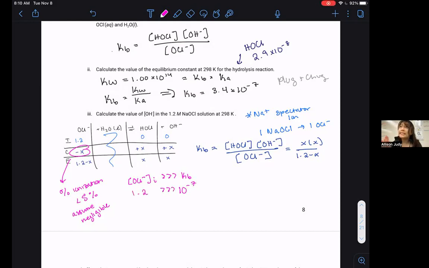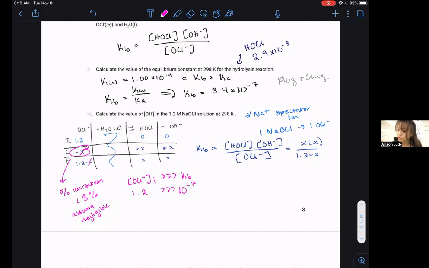You are definitely looking at a problem where you have more than a power of 6 difference between the Kb and the initial concentration, which means you are having like a millionth of a fraction of your OCl minus actually producing ion. So as far as calculating the change with respect to the initial OCl minus, we're just going to assume that negligible because it is so minuscule, it doesn't really matter. Now, obviously, every ion counts when looking at the production of ion, but as far as the subtraction from the initial, it doesn't really matter.